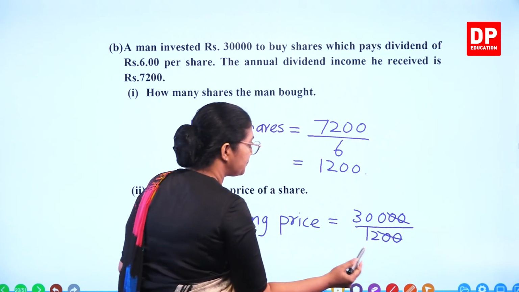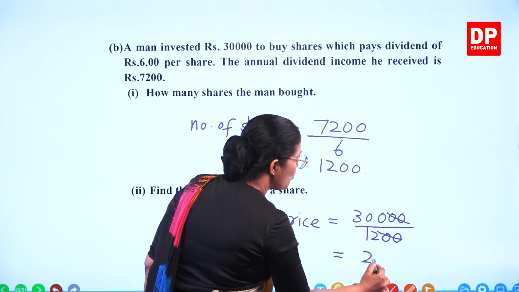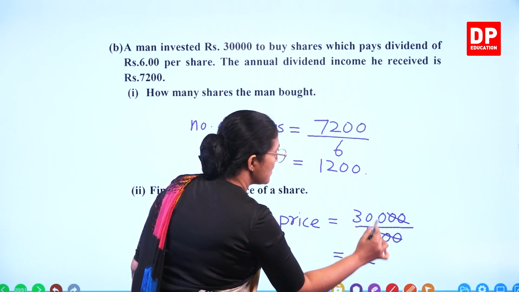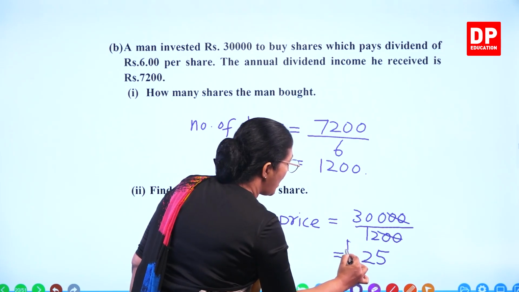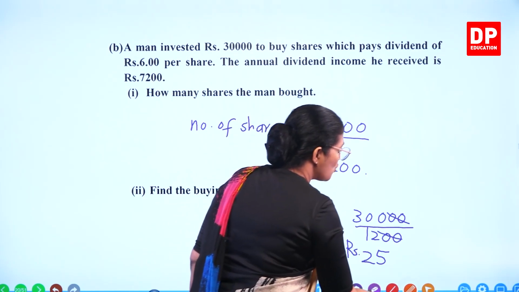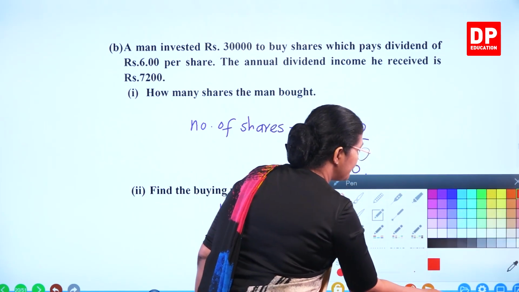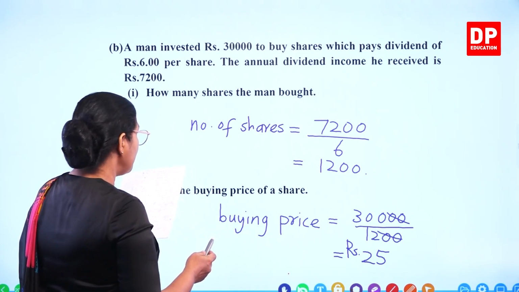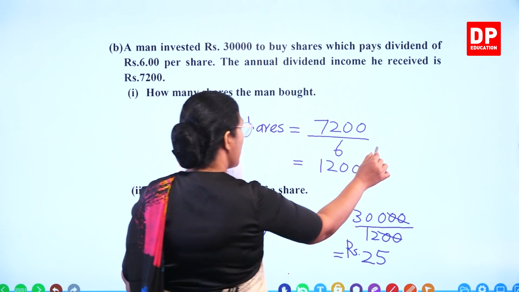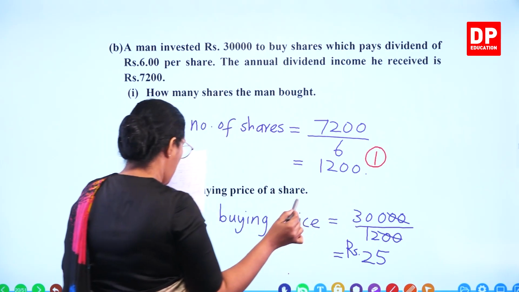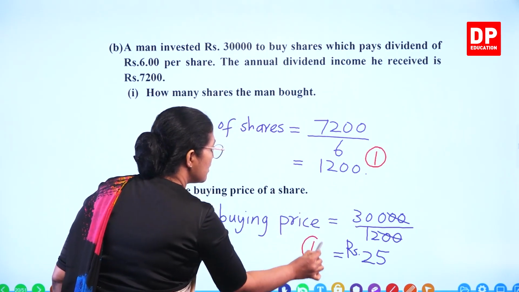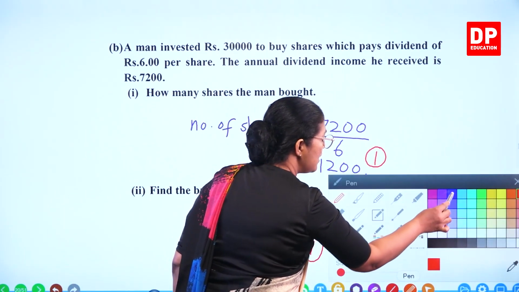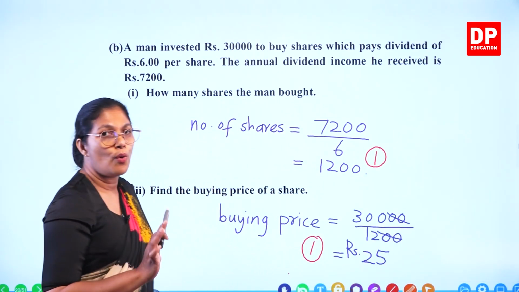You get 12 times 2, 24, 60, 12 times 5. So buying price of a share is 25 rupees. So how many marks for that one? You get 1 mark for finding number of shares and this one 1 mark. So we have given all together 10 marks for the whole question.